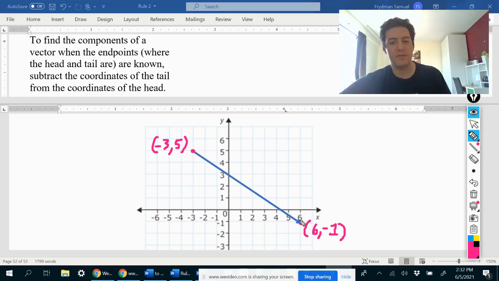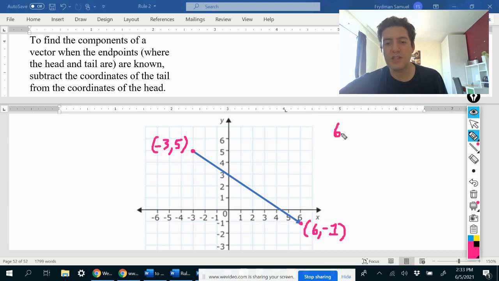I'm not using the angle brackets, so I'm not actually talking about any vectors here, just the coordinates of where the endpoints are. Okay, but if I did want to find the components of this vector, I could simply subtract the components of the tail from the components of the head, which means I'm doing the components of the head minus the components of the tail. Okay, so let's start with the x values, which are going to give us the coefficient for i.